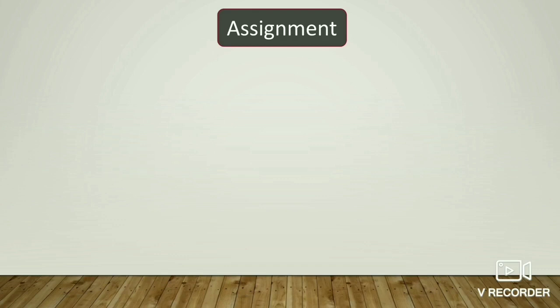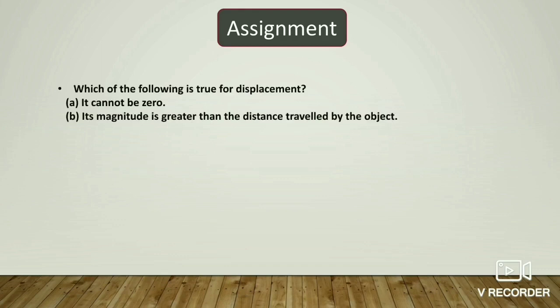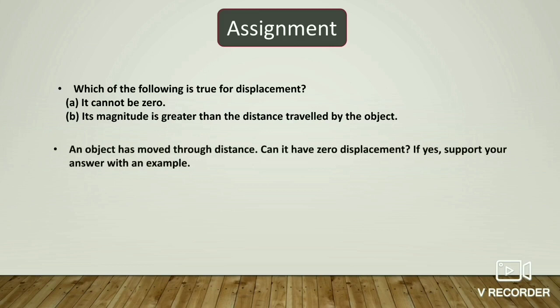Now it's time for assignment. First, which of the following is true for displacement? A, it cannot be 0. B, its magnitude is greater than the distance traveled by the object. Second question, an object has moved through a distance. Can it have 0 displacement? If yes, support your answer with an example.